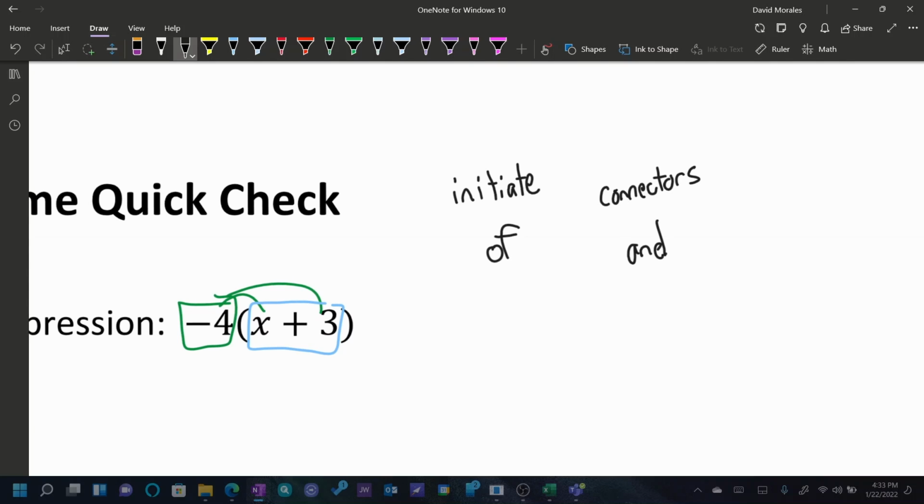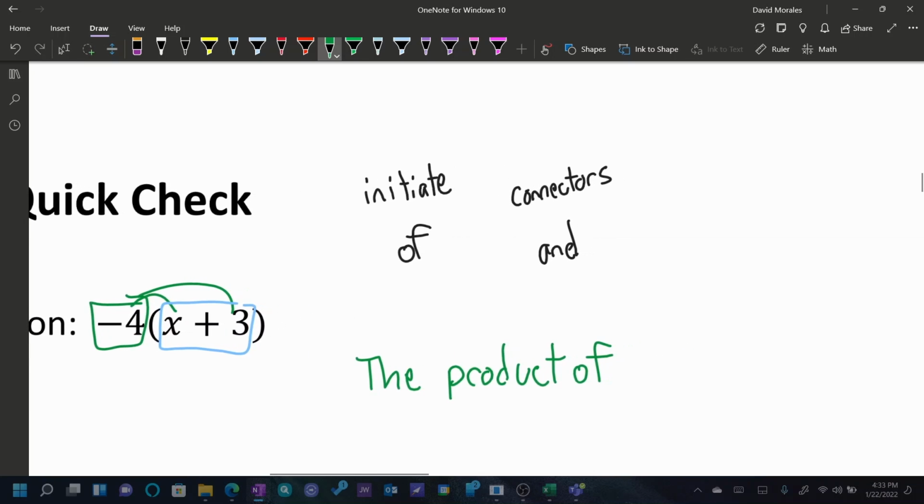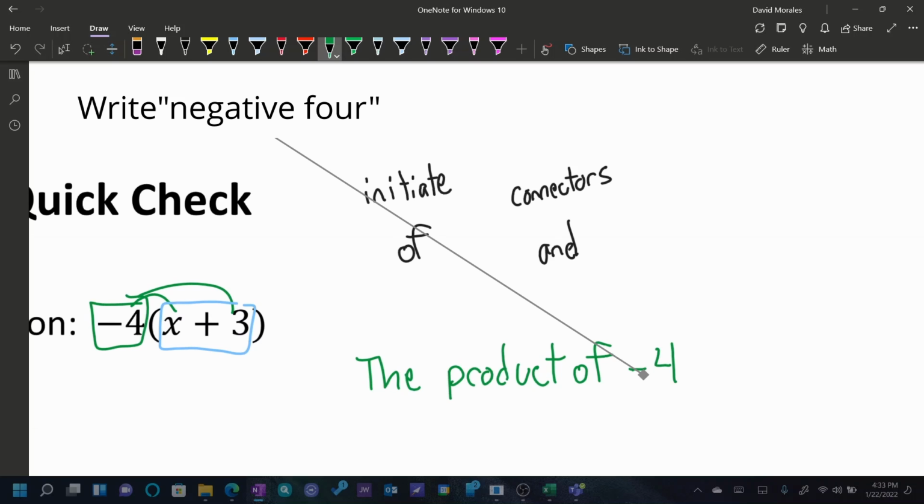Okay, so let's just see how this works. -4, or excuse me, the product of, now I'm initiating my first group, of -4, right?